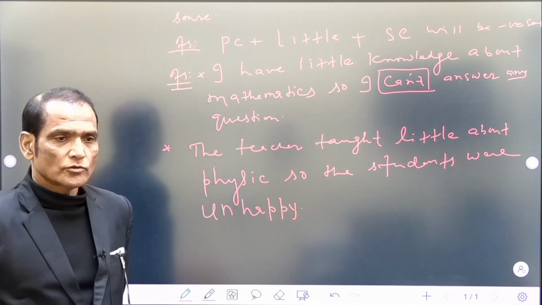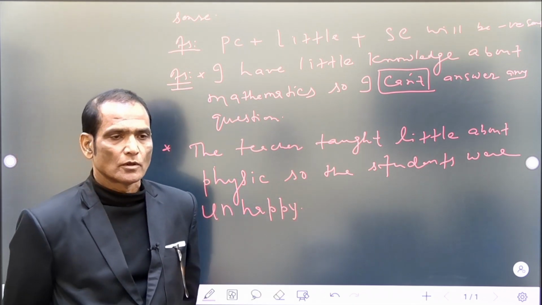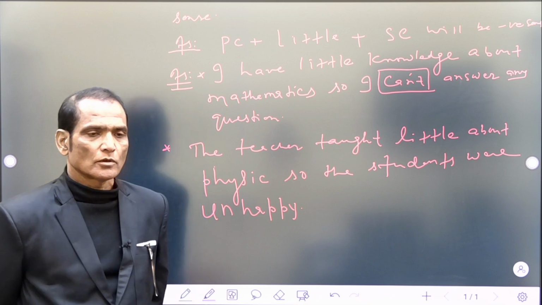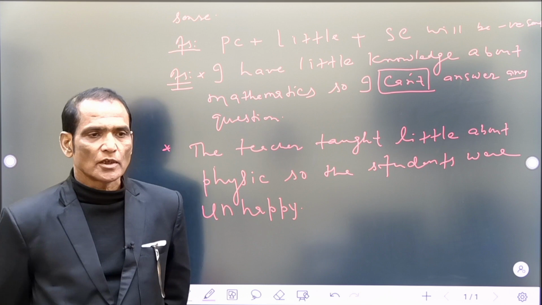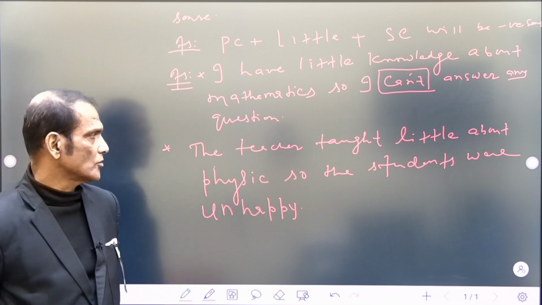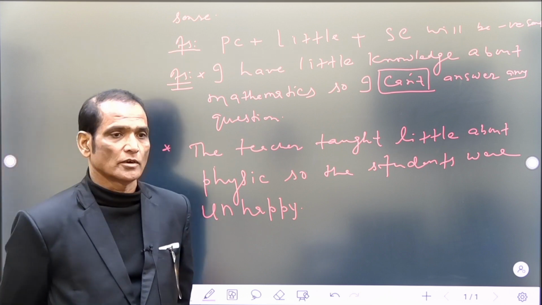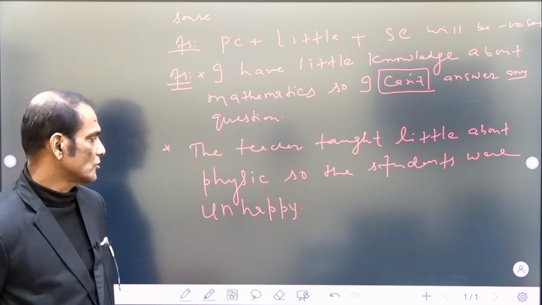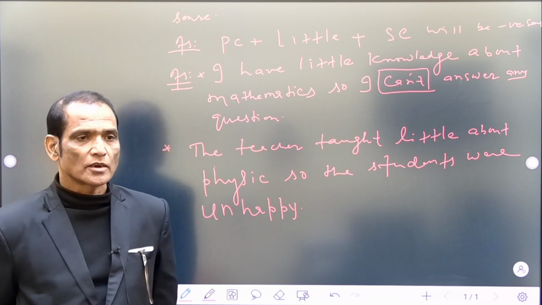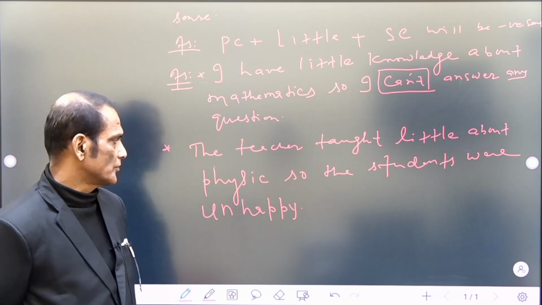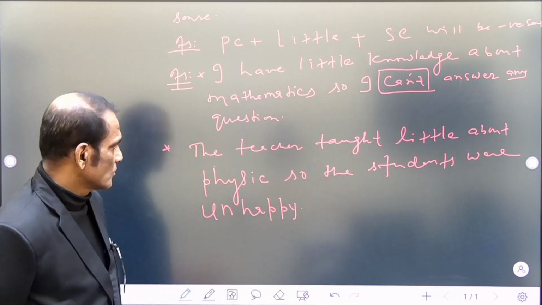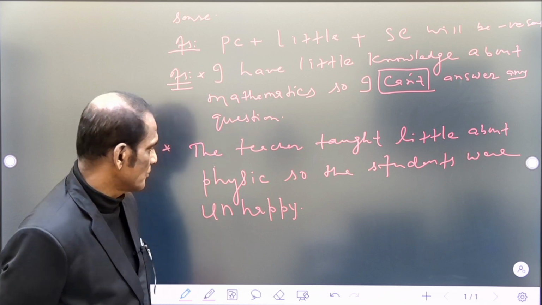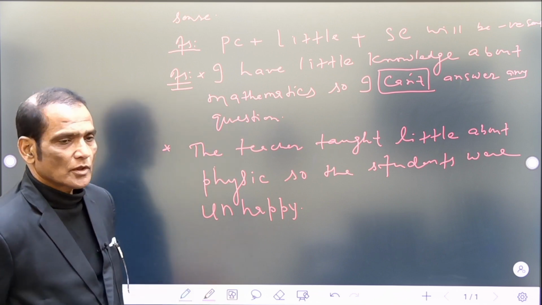One thing that should be known to you. Actually, negative sense doesn't mean that you have not or no in your sentence. Actually, we have to care the sense that is negative. So here teacher taught little, so the students were unhappy. Here unhappy gives negative sense.